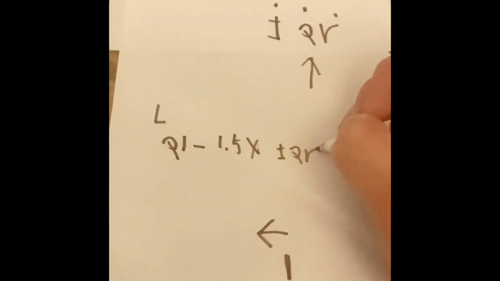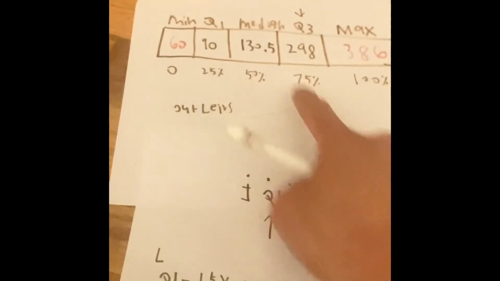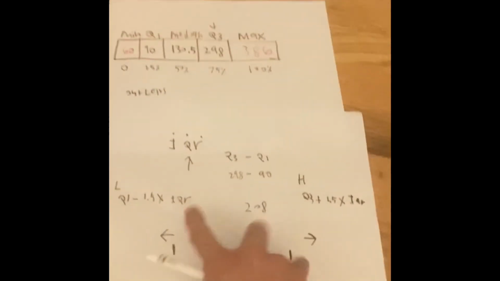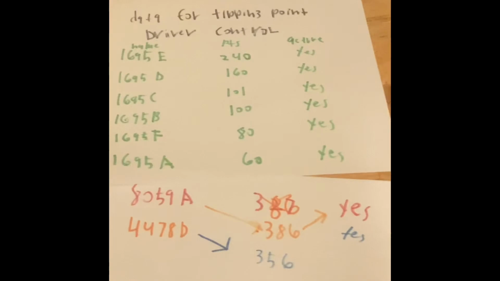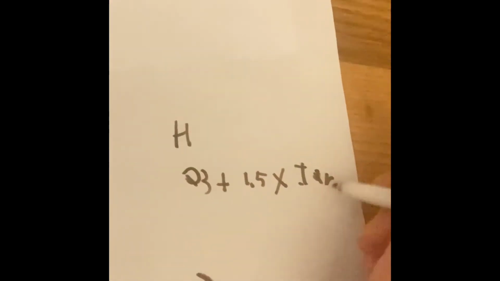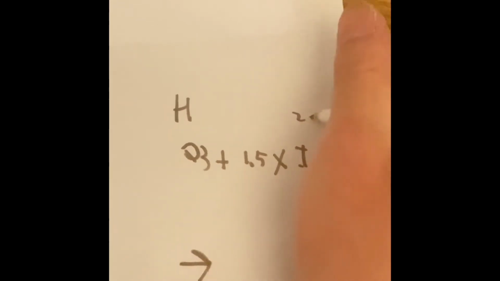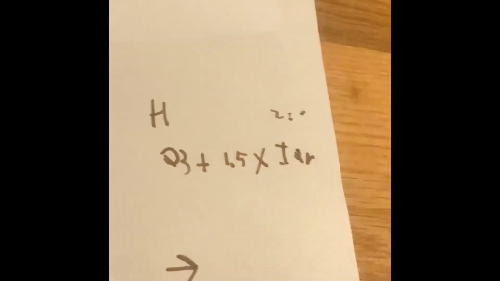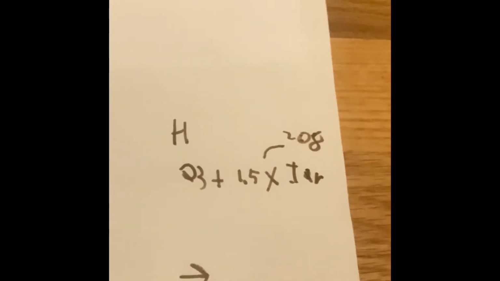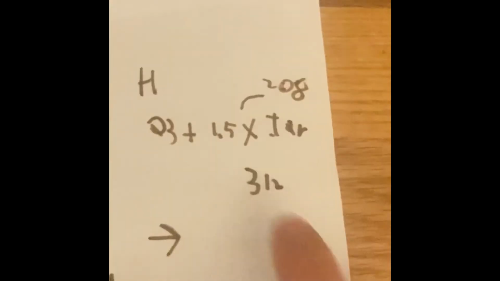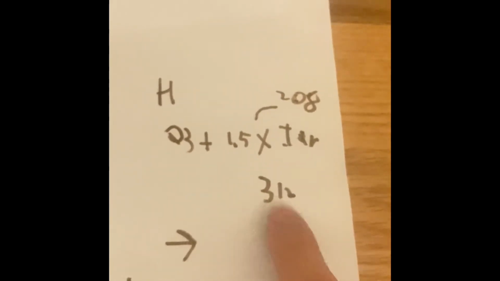Now, let's insert some of the data we have into the 2 formulas. So, what are the outliers? Let's try the high fence first. We know that the IQR was 208. So we have 1.5 multiplied by 208, and that will bring us 312. Then we have to add that to the third quartile.